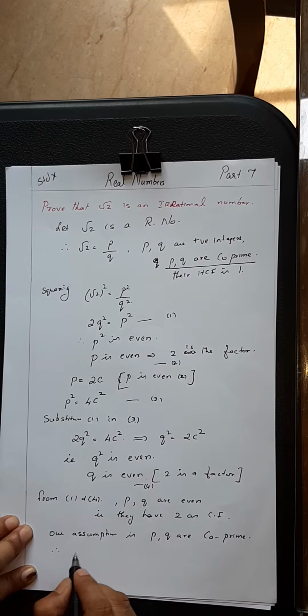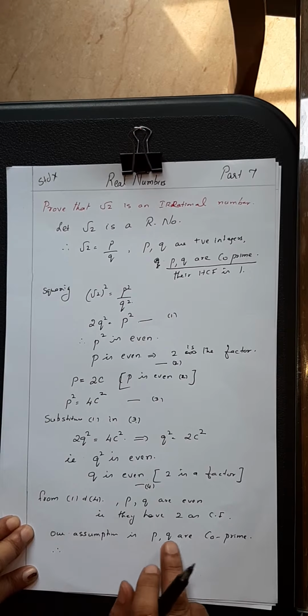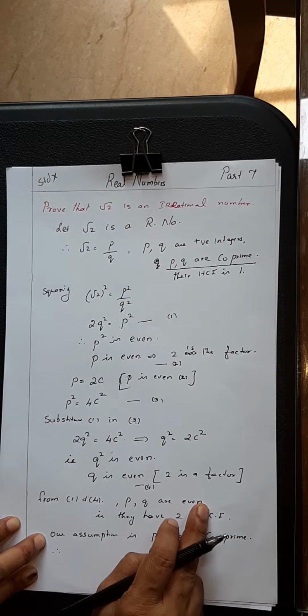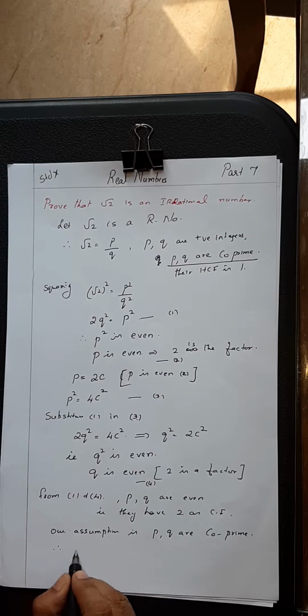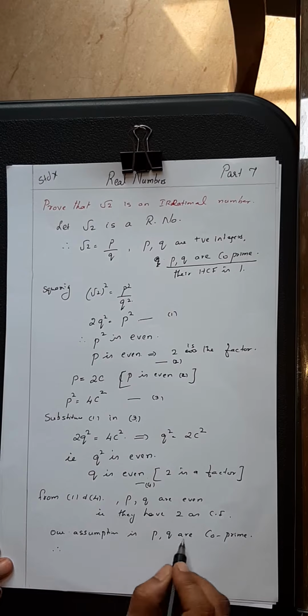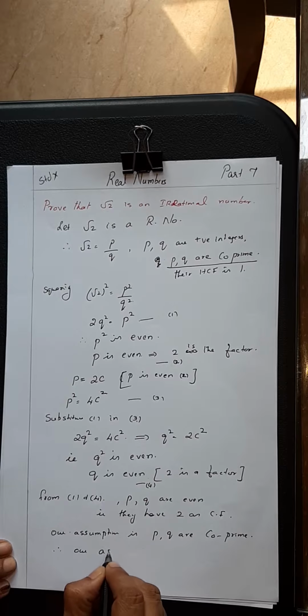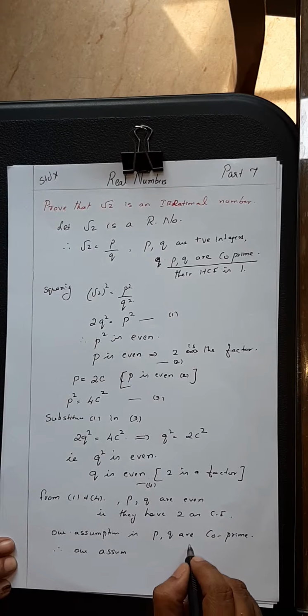We assumed it is co-prime, but we got p and q are even, which is contradictory.